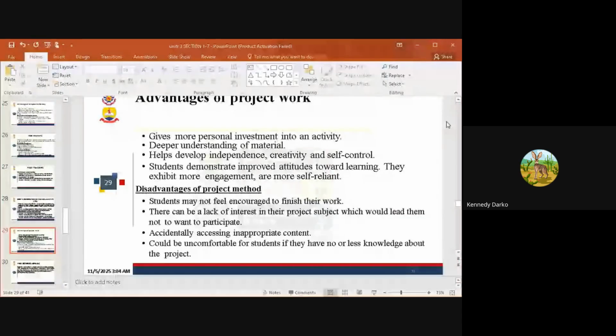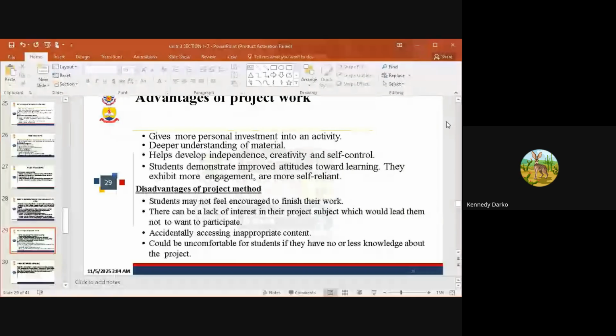Disadvantages of the project method. Students may not feel encouraged to finish their work. There can be a lack of interest in their project subject, which would lead them not to want to participate. Accidentally accessing inappropriate content, because not everything that you give to them through the project, whatever material they will get, will be appropriate.